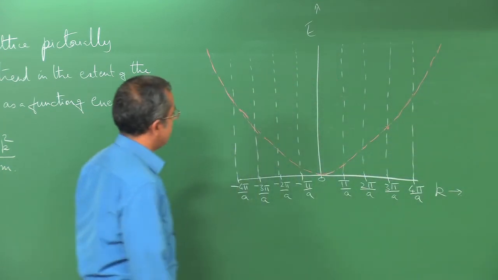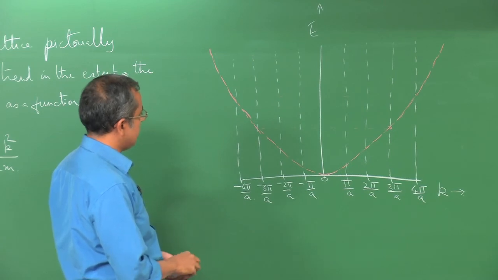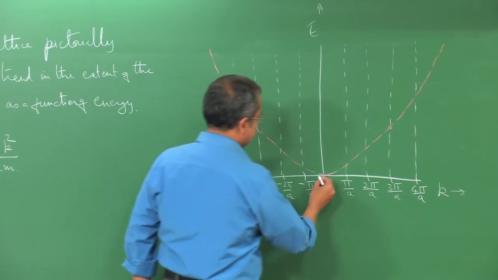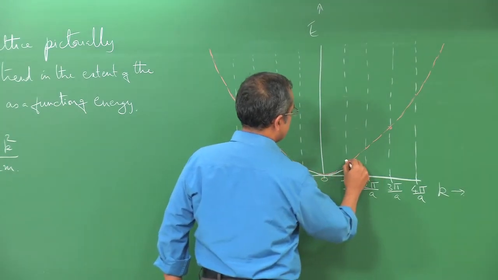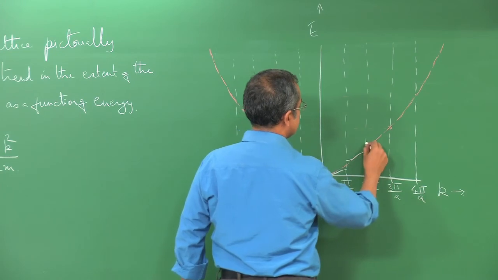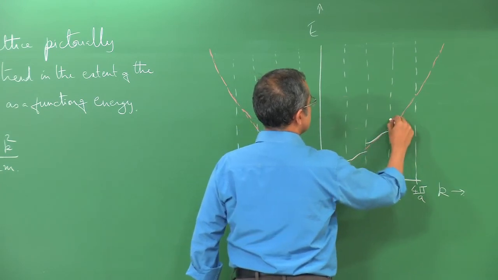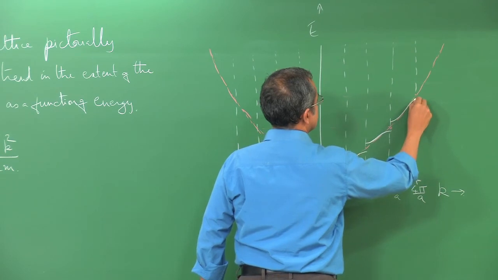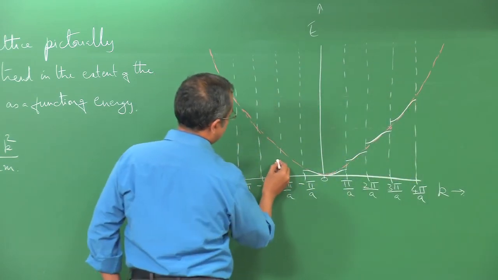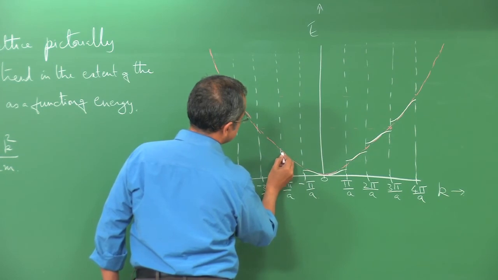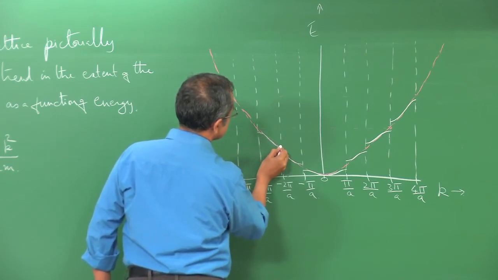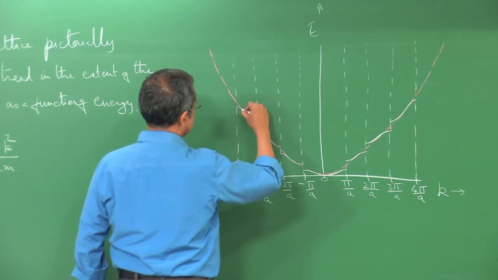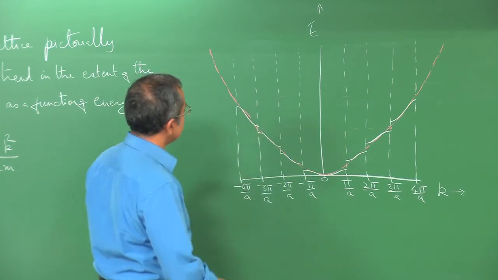So, that is the E versus K parabola, just a hand drawn diagram of it, and so from this the band structure comes, and as we saw, it comes something like this. At the Brillouin zone boundaries, there is a distortion of the E versus K relationship, so it becomes like this. And so, we have similar drawings here. And so, from this the band structure comes.